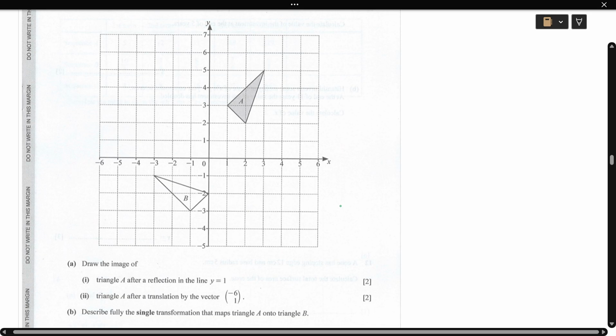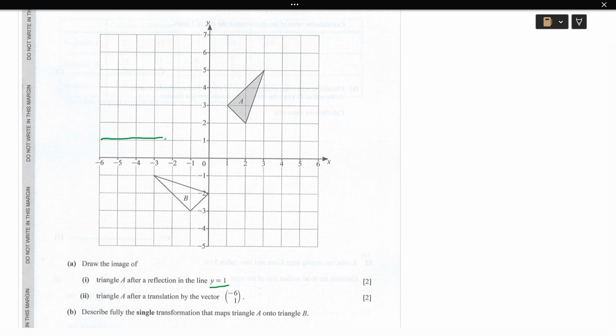Here's the question: draw the image of y equals 1. So we draw a line y equals 1 here. Now we are reflecting triangle A. The first point is going to be here, 2 comma 0, because of one distance.